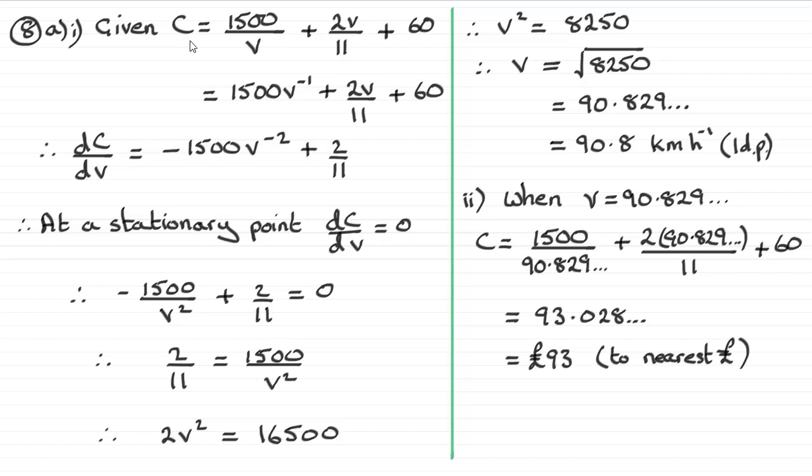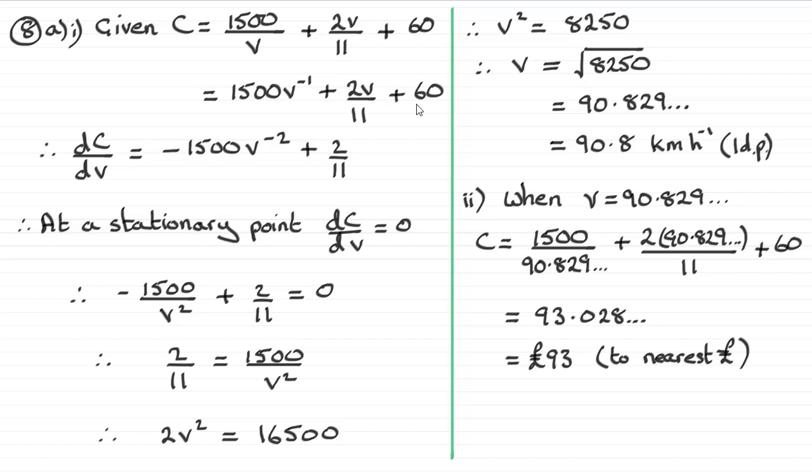So in order to do this, we're going to need to differentiate this equation with respect to v, put it equal to 0 so that we find the stationary point, solve that equation, and it will give us v. Once we've found v, we can substitute it back into here to get the cost. And that's what I've done here. Before we can differentiate it, you'll notice I've brought this v up to the top, 1500, then v to the power minus 1.